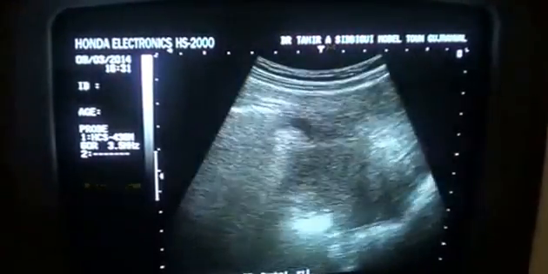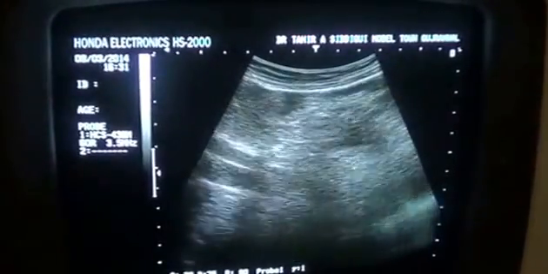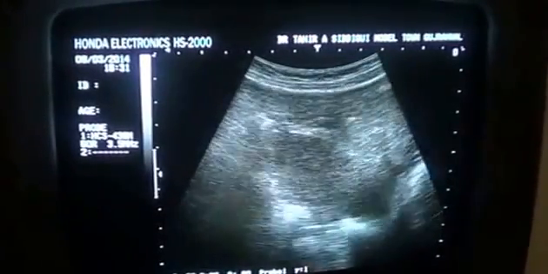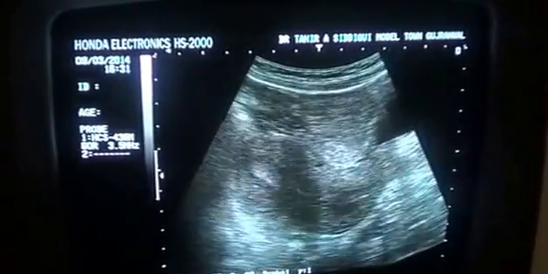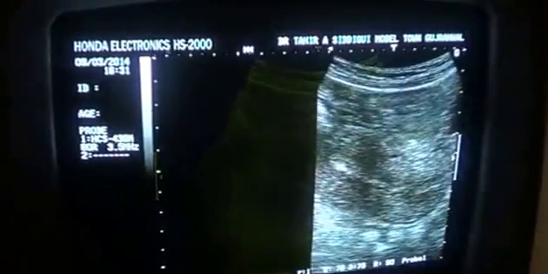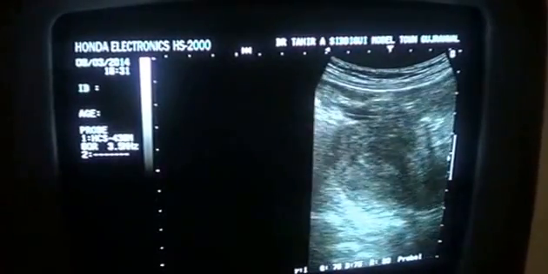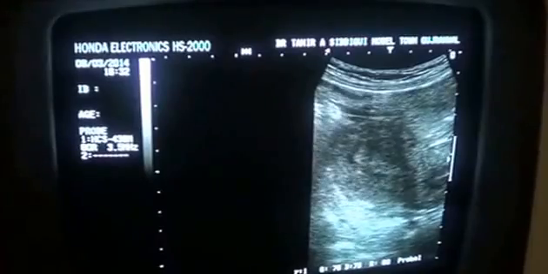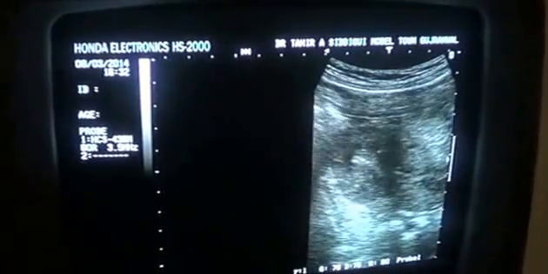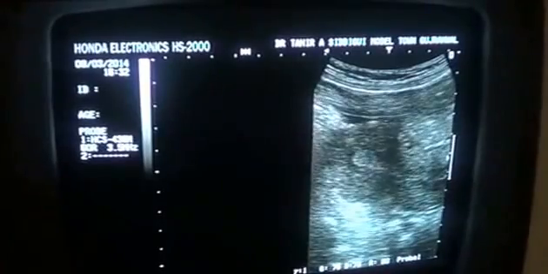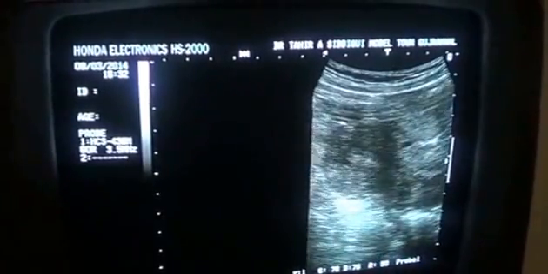So what is happening is that the fibroid is being stretched to the extent that it appears as if it is separate from the uterus. It is only the stretching of the uterus, the size of the uterus, that defines it to be of uterine origin.